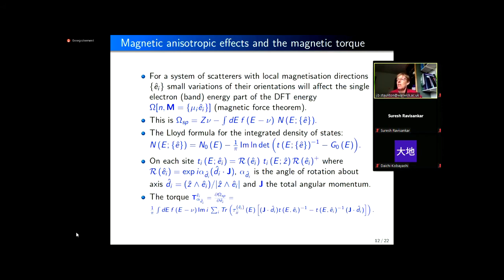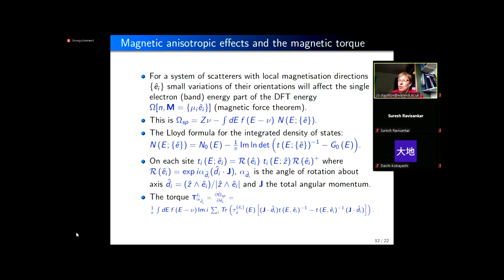And then one could go ahead and solve the density functional theory for that and extract the energy, etc. Now, if one really wants to get a handle on the anisotropy effects, then one can just test what's the effect on that energy if you vary the angles of those magnetization components by a very small amount.